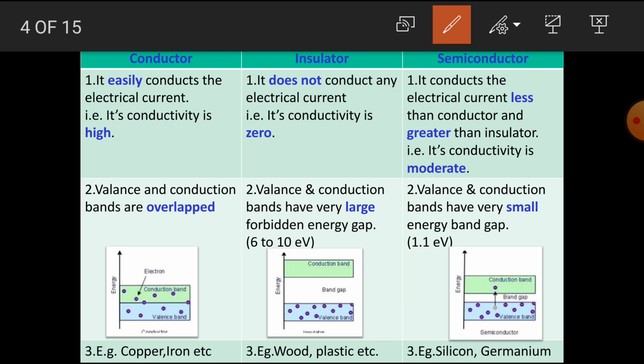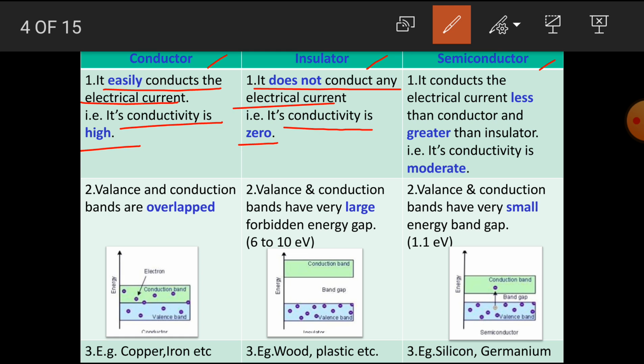Let's see the difference between the three materials: conductor, insulator, and semiconductor. The first difference is, in a conductor it easily conducts the electrical current, that is, its conductivity is high. In an insulator it does not conduct any electrical current, that is, its conductivity is 0.